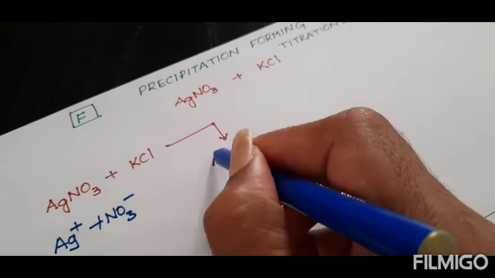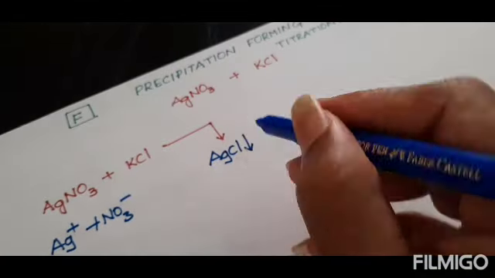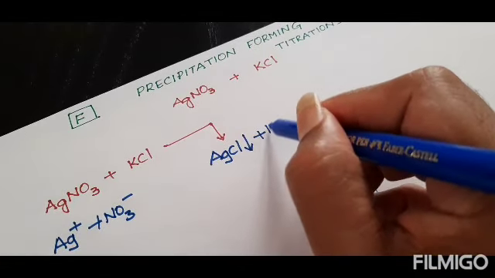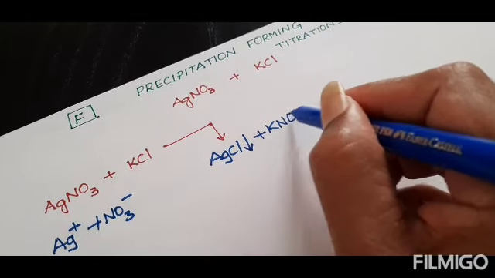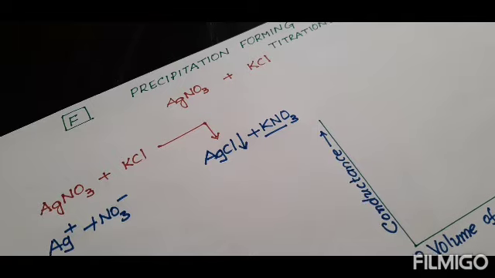AgNO3 when treated with KCl, the products are AgCl precipitate, and KNO3 is the other compound. This is the reaction that takes place.